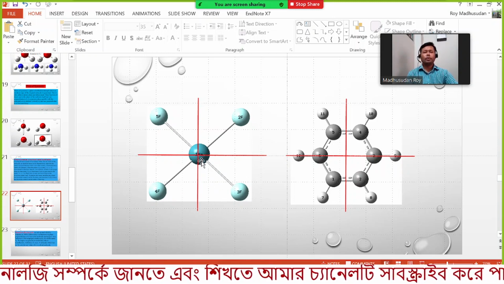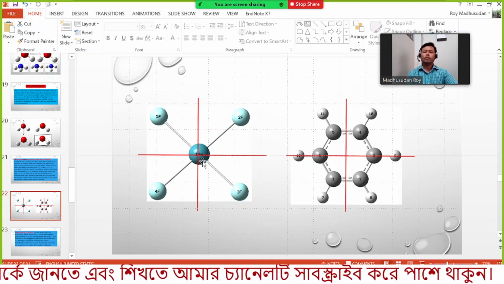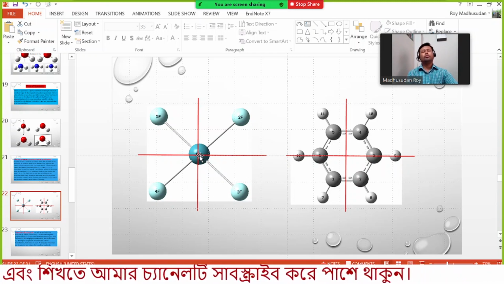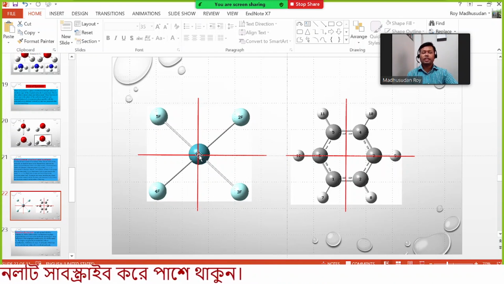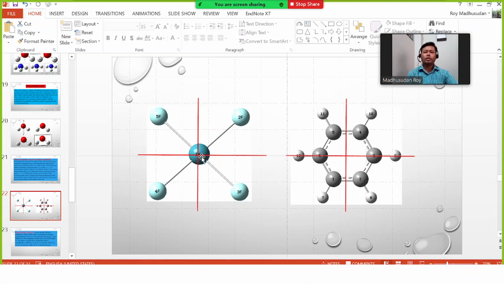Now if you invert the molecule considering a center, this is xenon, this center. If you invert the molecule, keeping this point the same, what will happen?